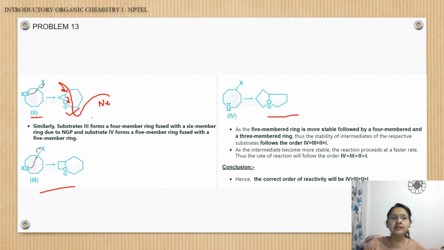So as you can see, which is the less strained ring, 5, 4, or 3? 3 is the highly strained ring. 5 is the very least strained ring, right?